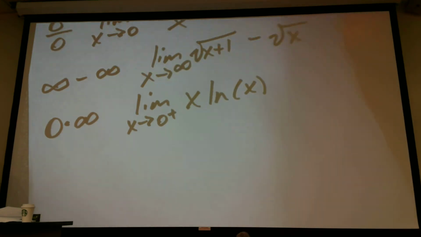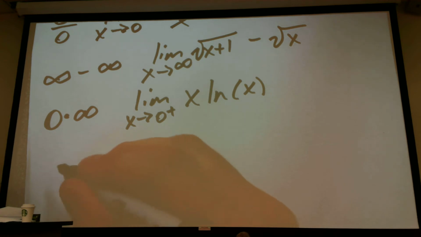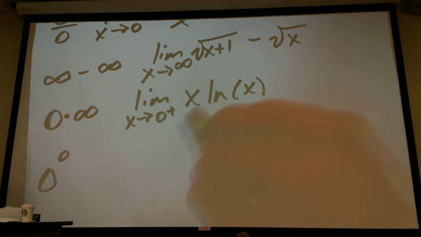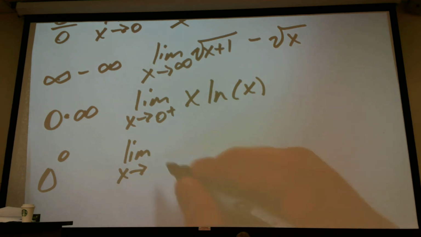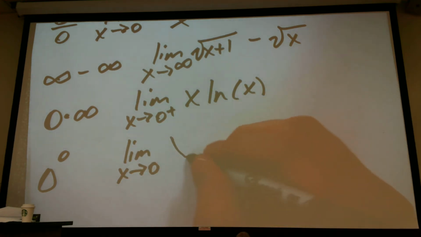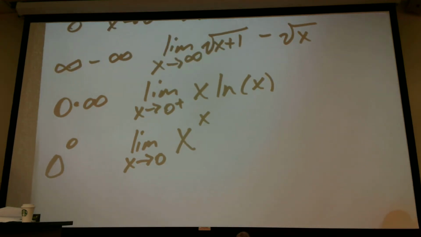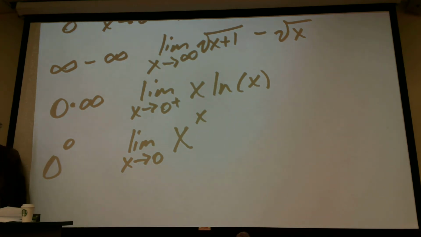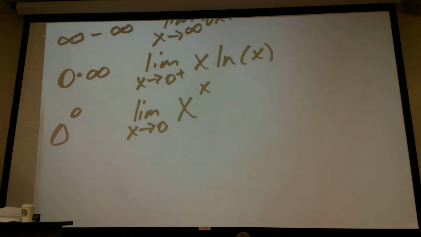Or there are other ones like, let's say, 0 to the 0 power, which would be something like the limit as x tends towards 0 of x raised to the x. I mean, you can end up with a lot of these.